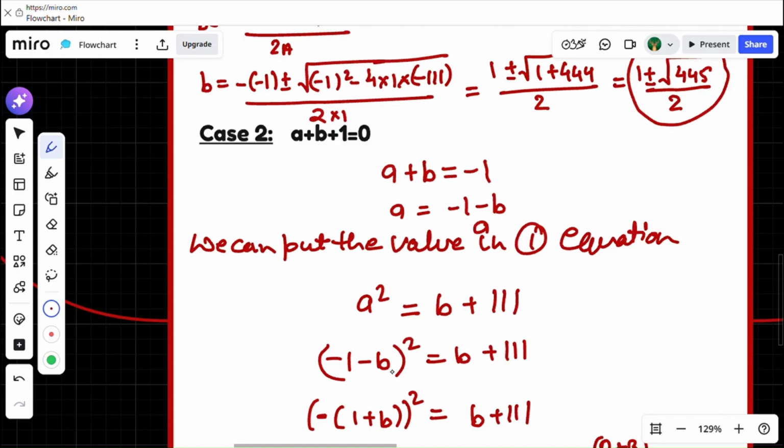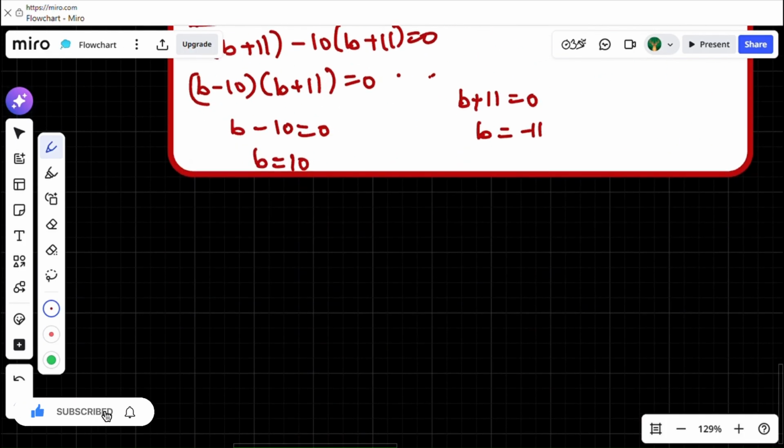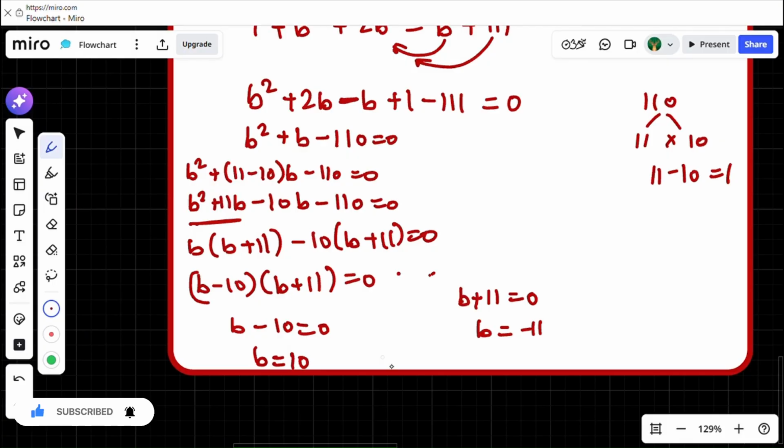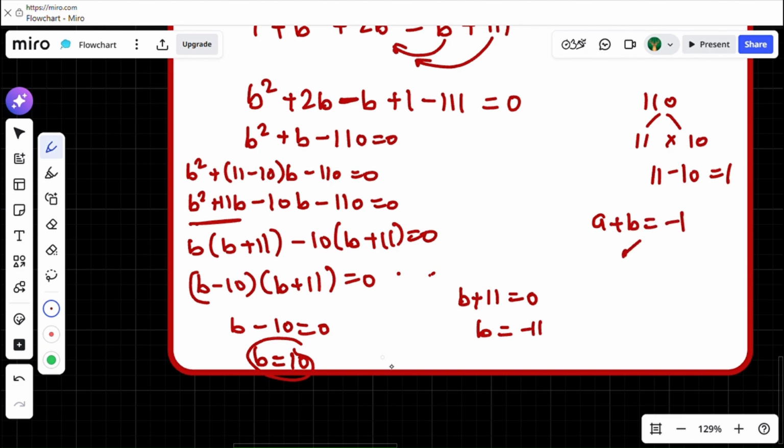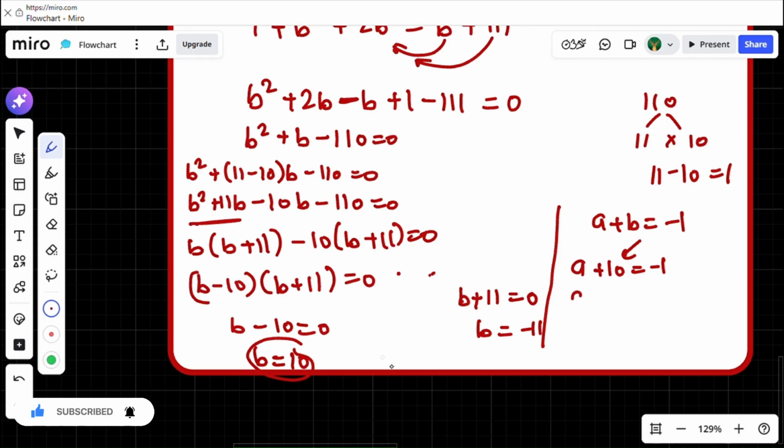We know that A plus B is equal to minus 1. So if I put B is equal to 10, so A plus 10 is equal to minus 1, so A is equal to minus 11.